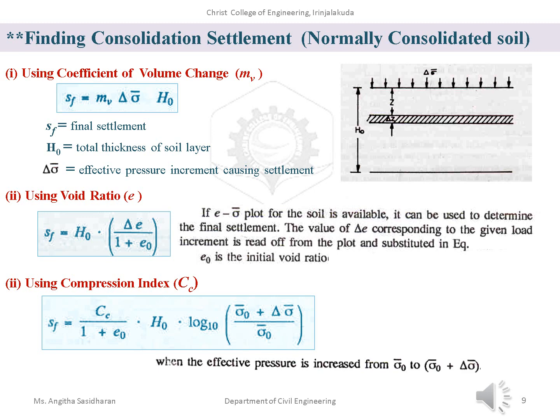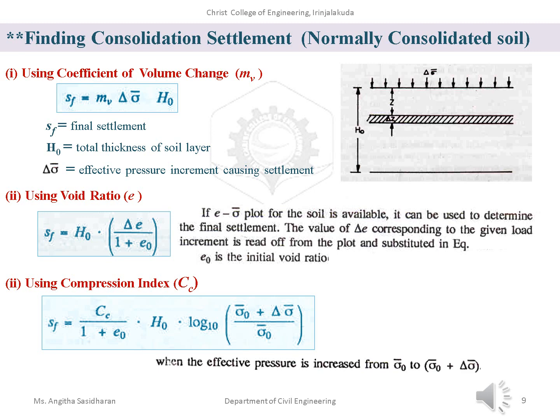So if you consider a particular soil layer having a total thickness of H0, then the final settlement is given by the expression MV delta sigma bar into H0. And if you are given the void ratio, then you can use another expression to find the consolidation settlement. In a practical case, all these equations can be applied with the data available.